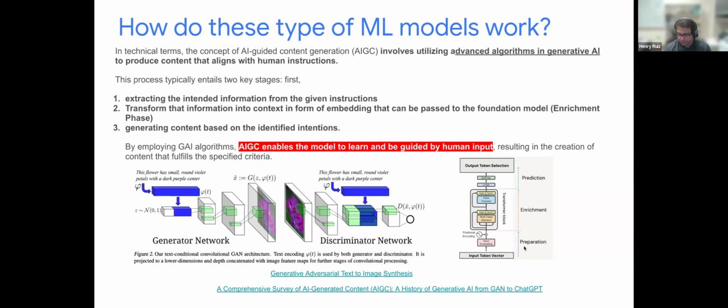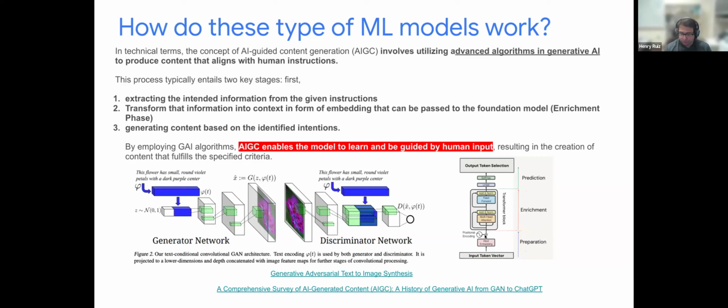In the preparation phase, you need to transform your input, in this case the instruction you mentioned that guides the generation process of the model, such as asking it to create a picture with this and this, into an embedding representation.